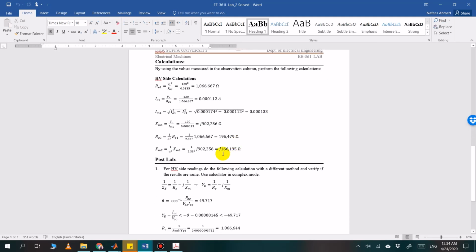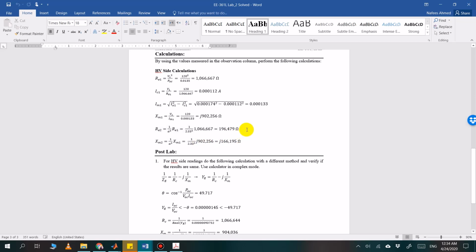So here we have the value of RC and XM. Okay, one thing to note here is that we performed lab number 2 and lab number 3 on the high voltage side, on the primary side. So we have to refer these values to the secondary side of the transformer.